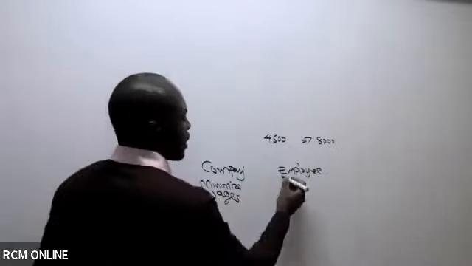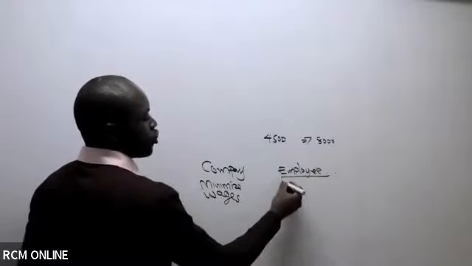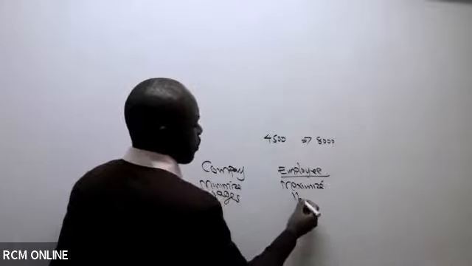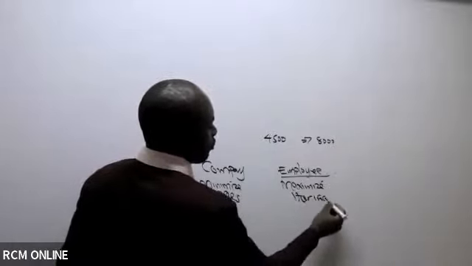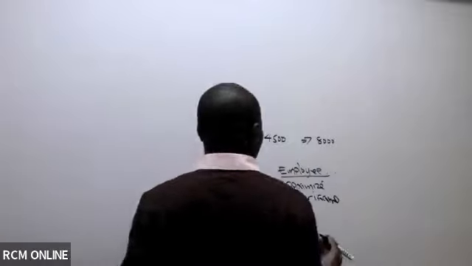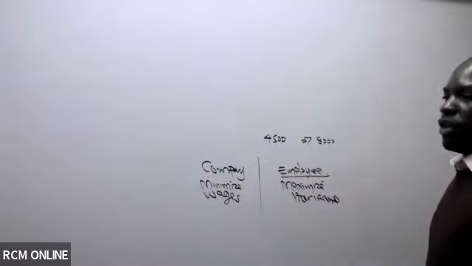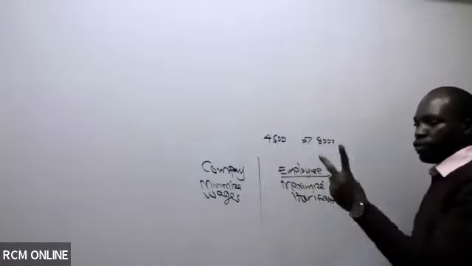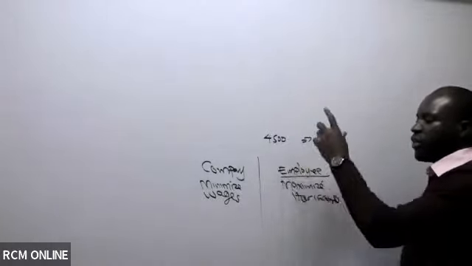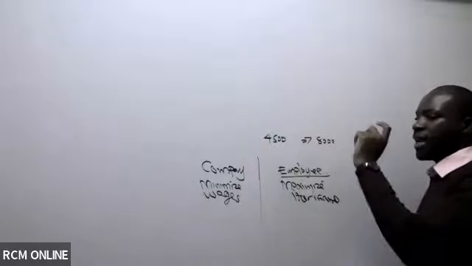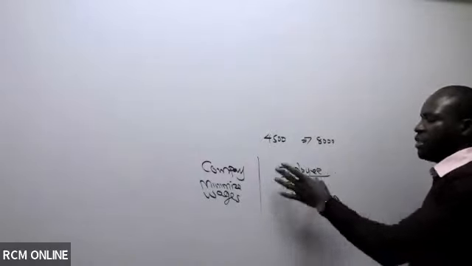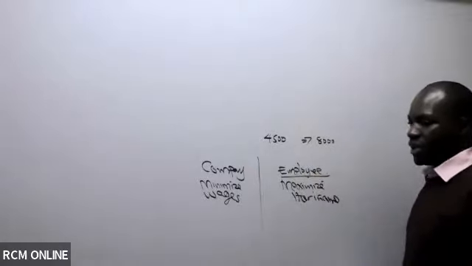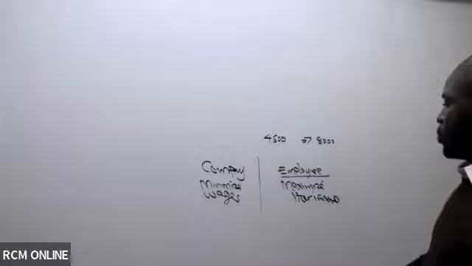Then employee on their side will be trying to maximize their income in the name of salary. Now, in this particular question, the examiner concentrated on the side of the employee. We have 2 options. The employee will be looking at the one that's giving the highest salary. The highest salary will be accepted by this employee. So is it the piece rate or the guaranteed amount? That's what you're going to look at.